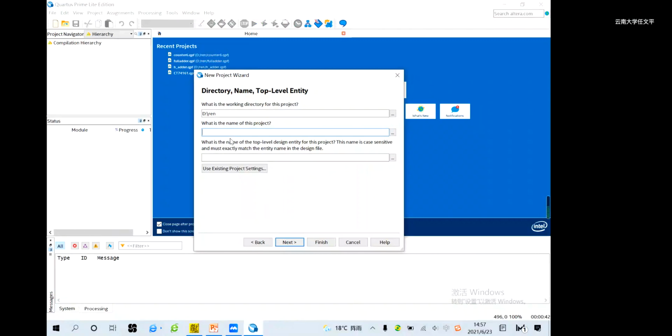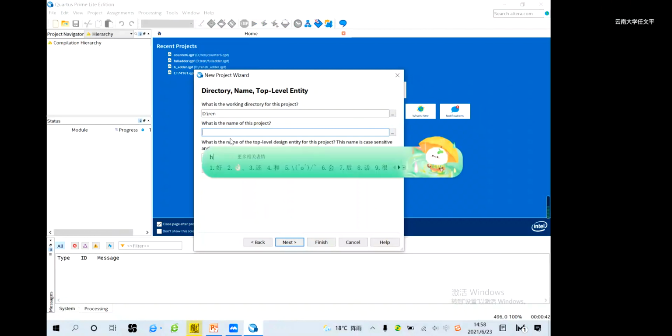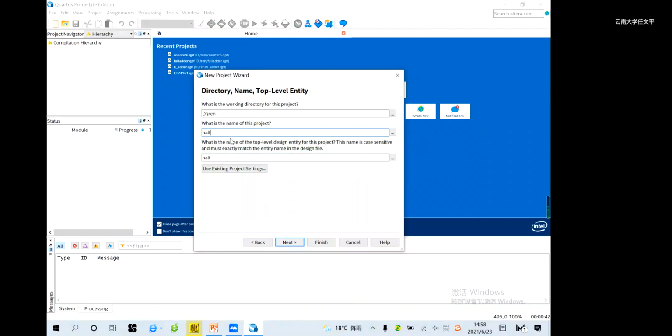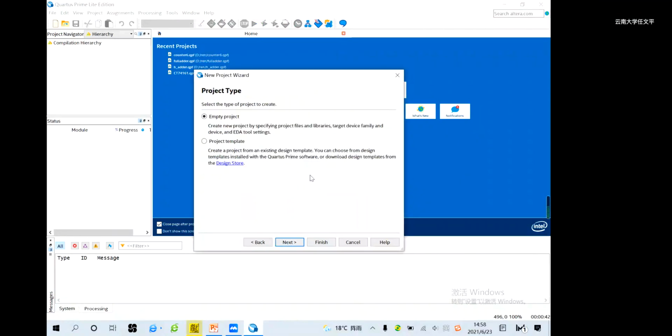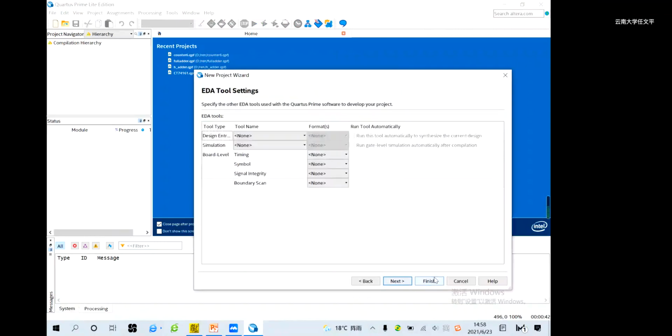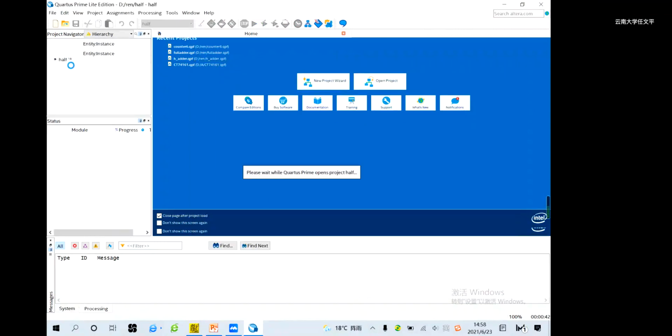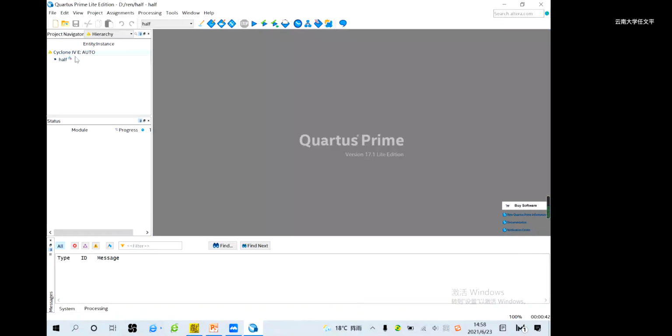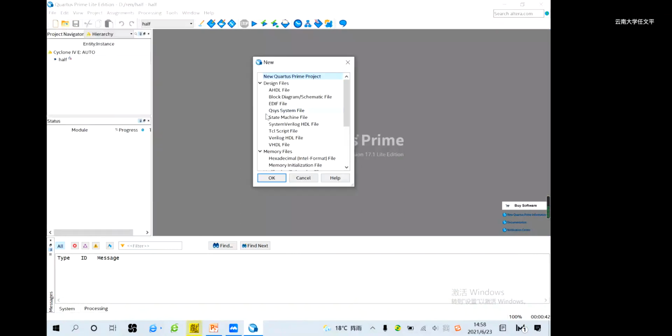Let's call it half. We must choose the input method as Verilog HDL.